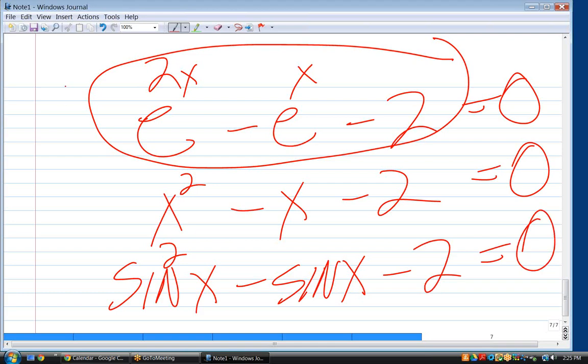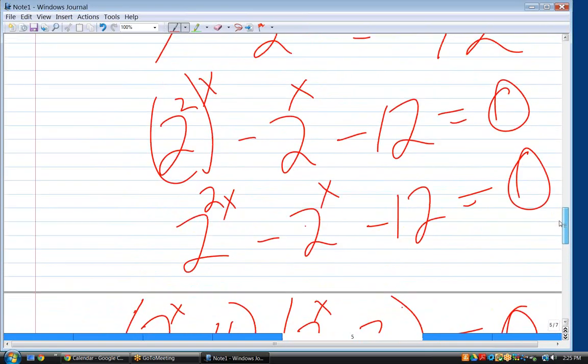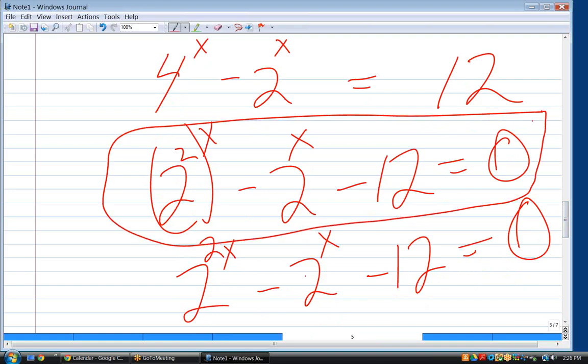This would be called a quadratic in e to the x. This is a quadratic in x, and this is a quadratic in sine x. And the problem we were just doing was a quadratic in 2 to the x. That's what you can call that right there, a quadratic in 2 to the x.